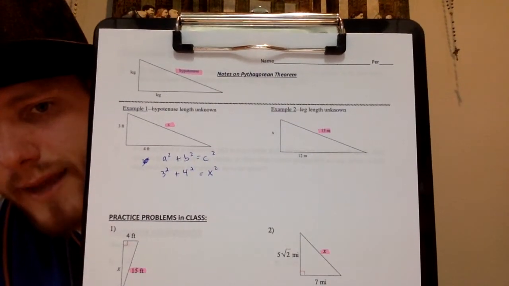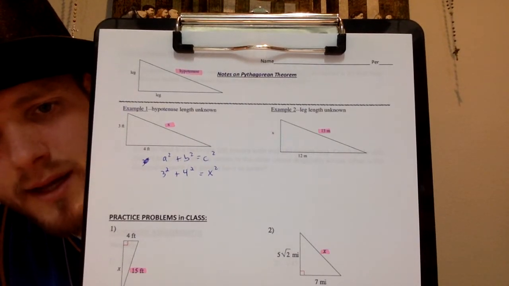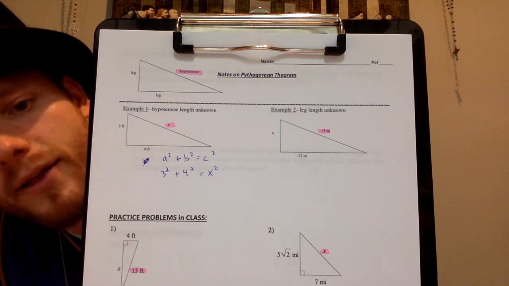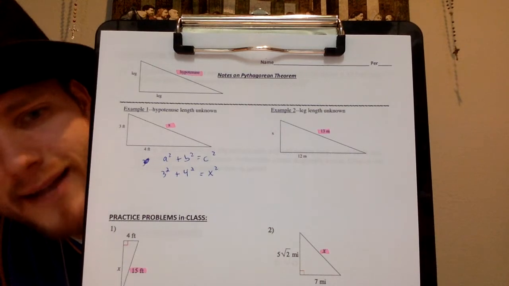There's my first step. That's just the formula that I use every single time from the notes that we just took down on the whiteboard. My c is my x. We all know variables by now and how that works.